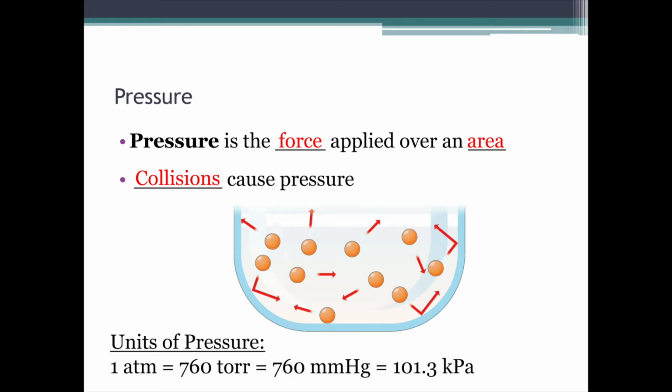There are four standard units of pressure. They are atmospheres, torr, millimeters of mercury, and kilopascals. We're going to dive into how we got each of these units, where those numbers come from, and so on. For right now, we can do conversions with these units of pressure. One atmosphere is 760 torr, which is 760 millimeters of mercury, which is 101.3 kilopascals.